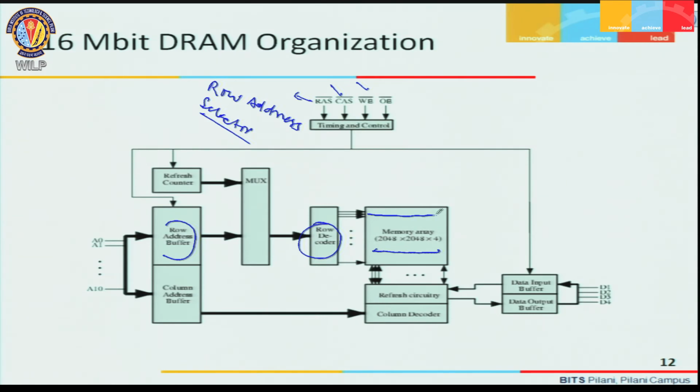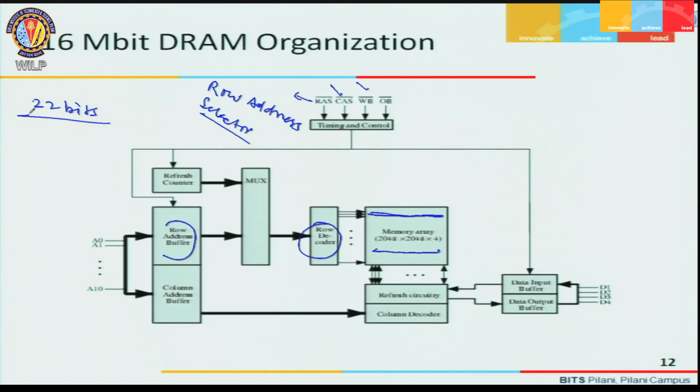Once this row is identified in cycle 1, in cycle 2 the same lines are used, and now they will represent the next half of the address part. Your address is 22 bits, so the next 11 bits will now appear on the same lines.